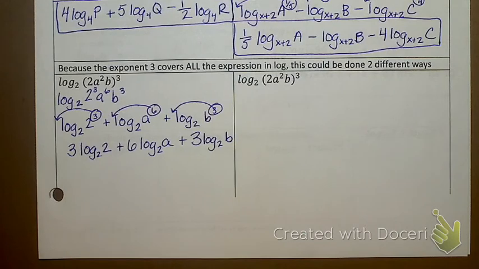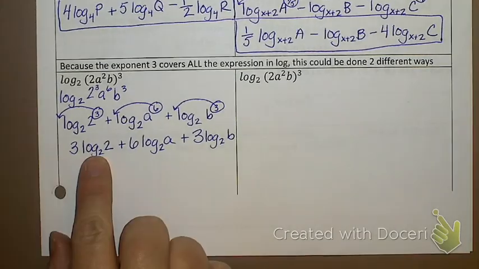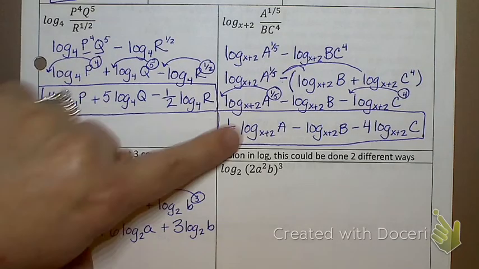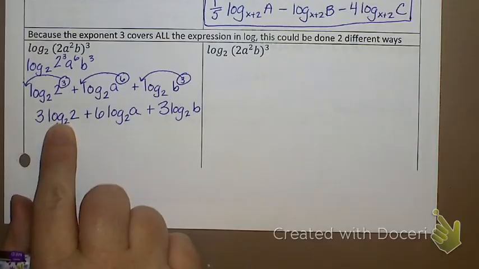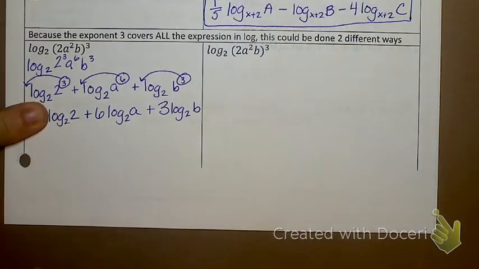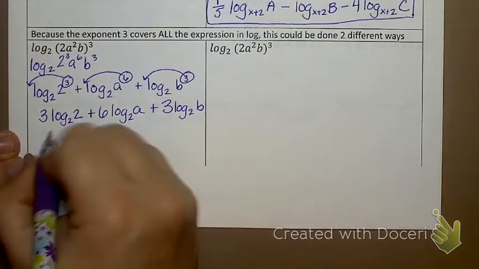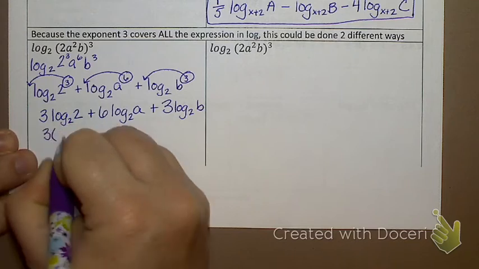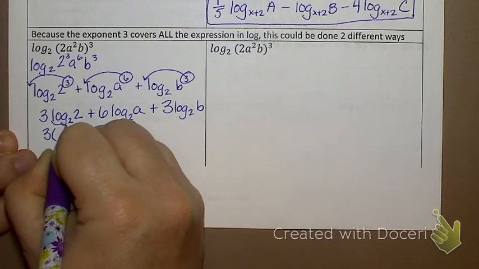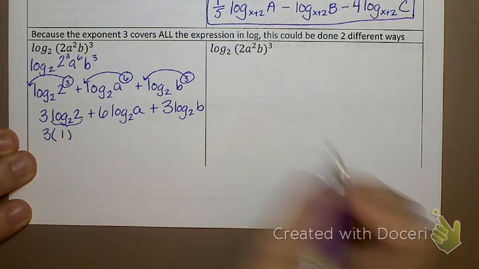Now, I do have a problem because one of these has all numbers with it. Which one has all numbers? The first one. We haven't had to deal with that in a couple problems because we've had letters. But what is log base 2 of 2? 1. Anytime these two numbers match, it's 1. So I really have 3 times 1 because this whole thing is just 1.